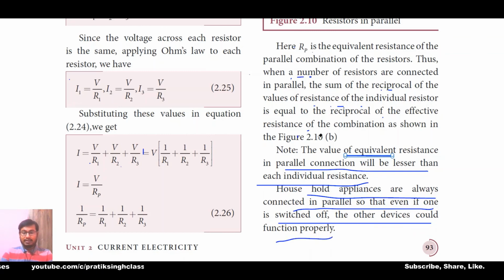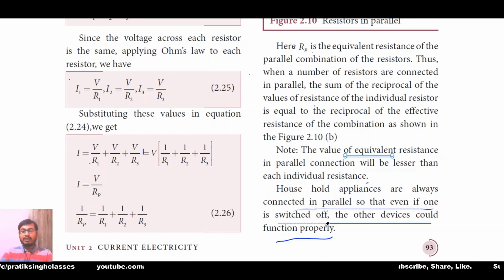That means in a parallel circuit, if any one resistance breaks, or melts, the other appliances will function. But in the case of series resistors, if one resistor breaks, every other electrical appliance will stop functioning. So that is the advantage of parallel combination of resistors over series combination.